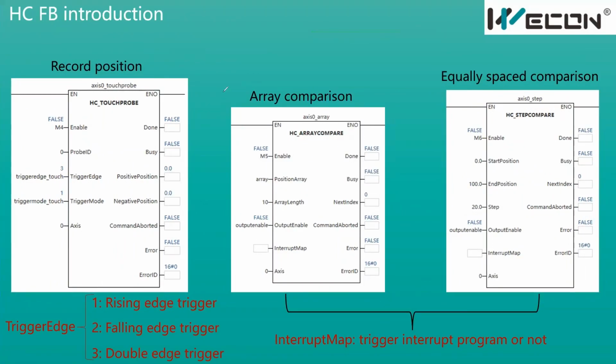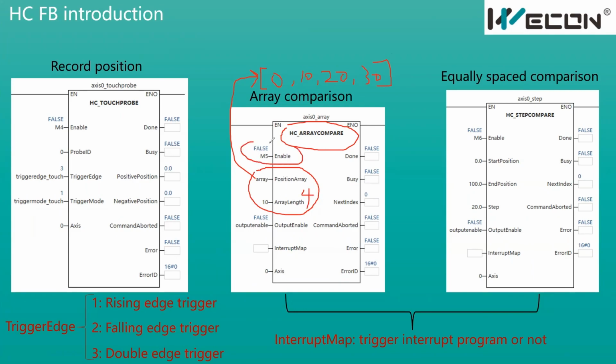For this one, it is used to compare the area. For example, we could set an area as 0, 10, 20, and 40. And for the area length, we set it as 4.